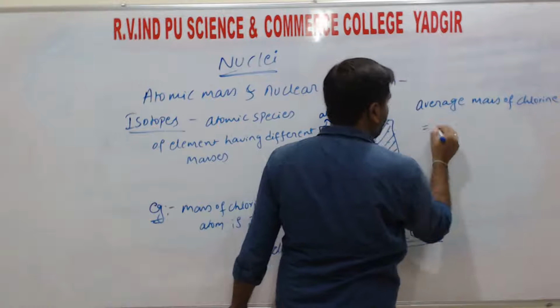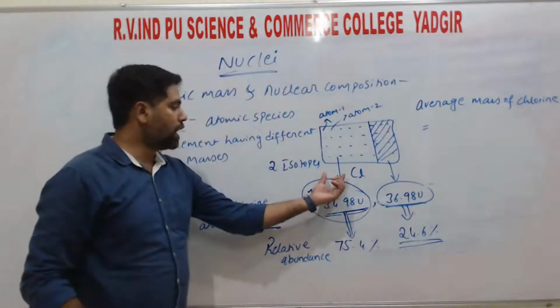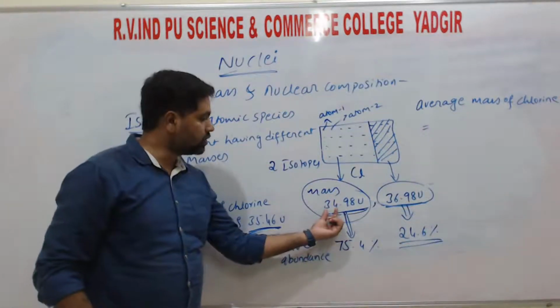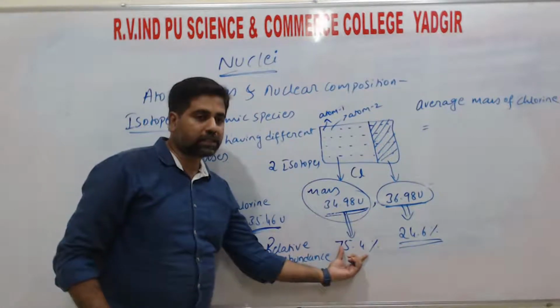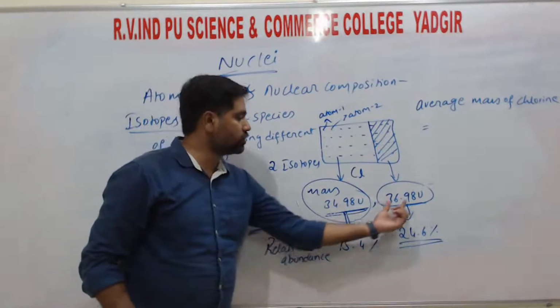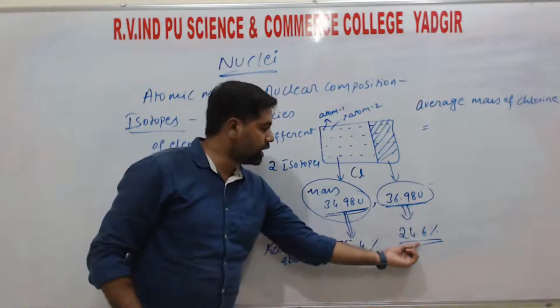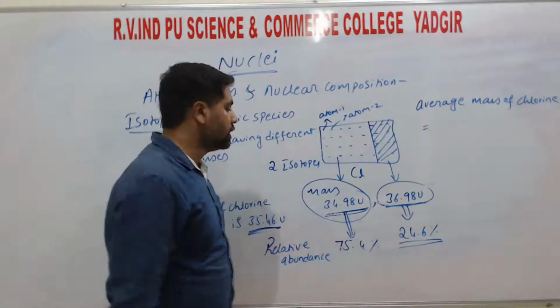the average mass of chlorine is found by multiplying these two values. This much mass is present in how much percentage? 75.4 percent. And this much mass is present in 24.6 percent.